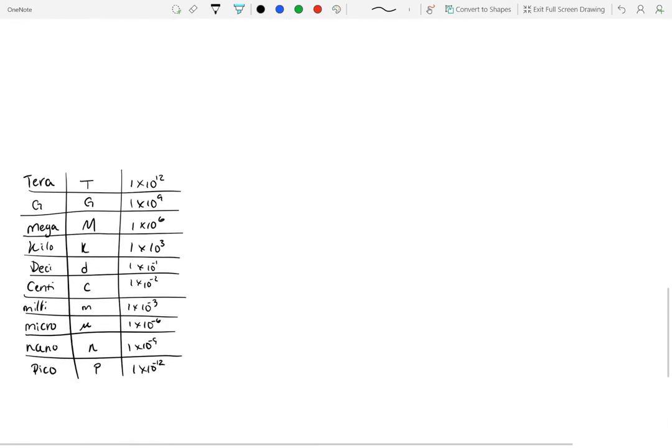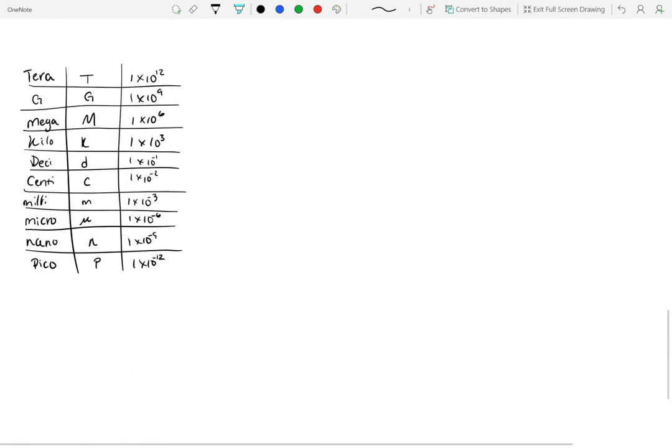Okay, so let's look at a more realistic question of what you'll see in the chemistry class. Let's do some unit conversions here. Let's say we want to know how many picograms there are in a kilogram.